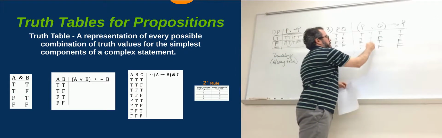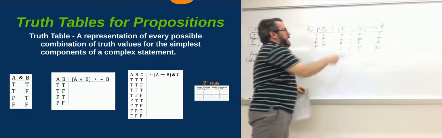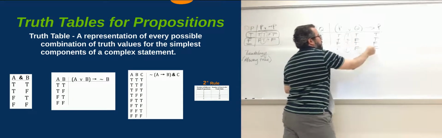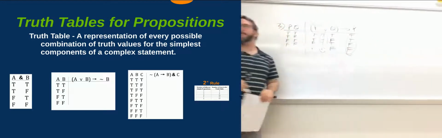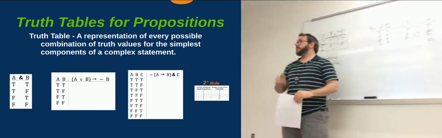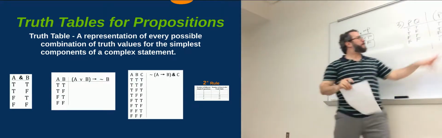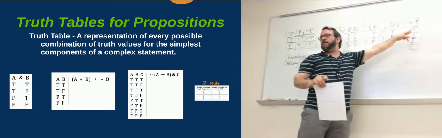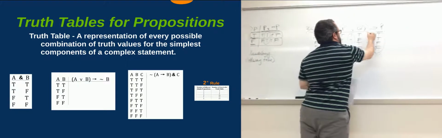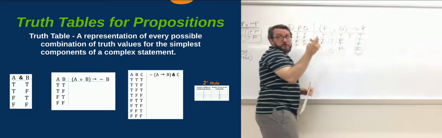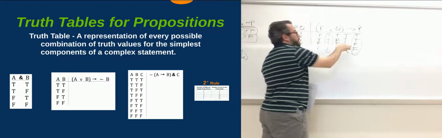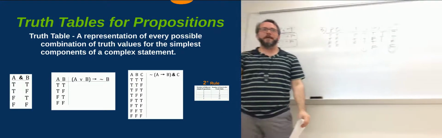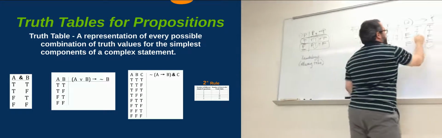Now it's false. So now I have an if-then statement where this is the if part and this is the then part. If true, then true: true. If true, then true: still true. If true, then false: that's the one that makes the conditional statement false.